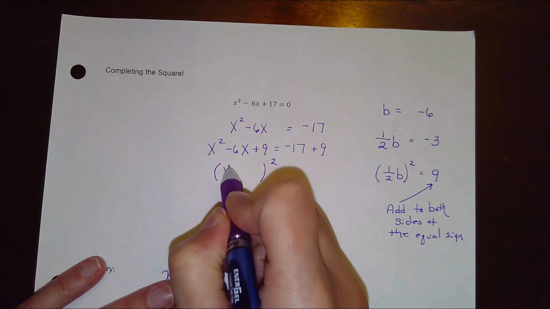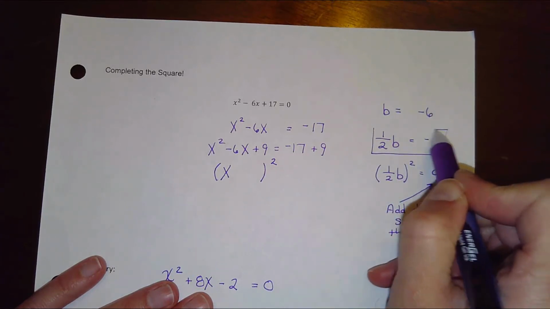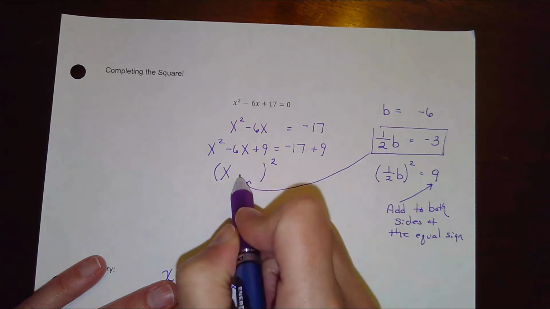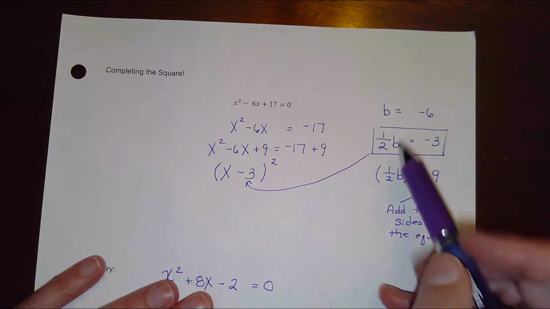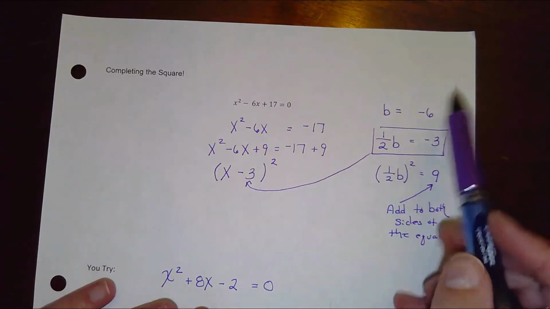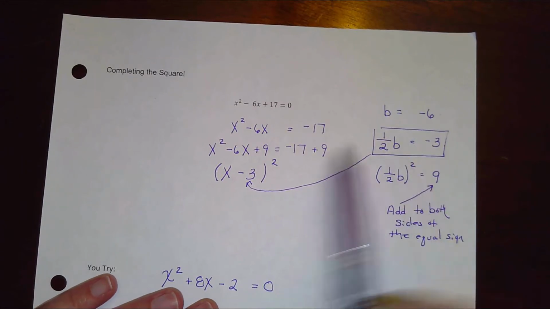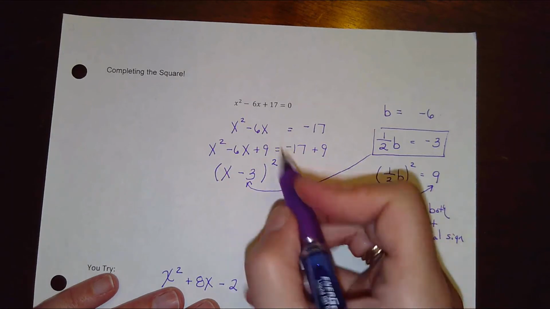The first term will be x, and then this value is the value that goes into the second spot. So it's going to be minus 3. That's why these three pieces were important to determine. The b is what you need to identify. Half of b we're going to use, and then half of b squared we're going to use.